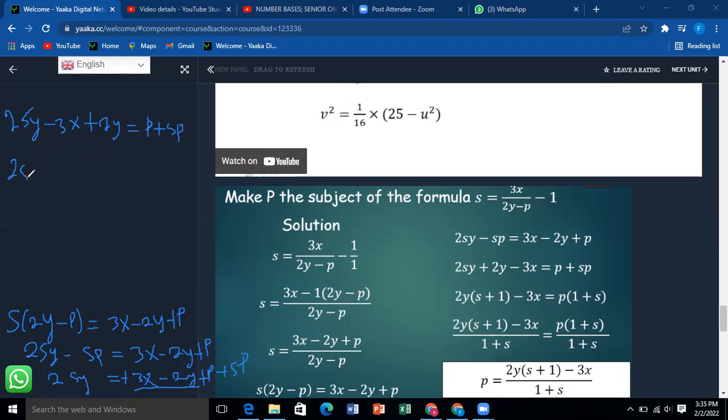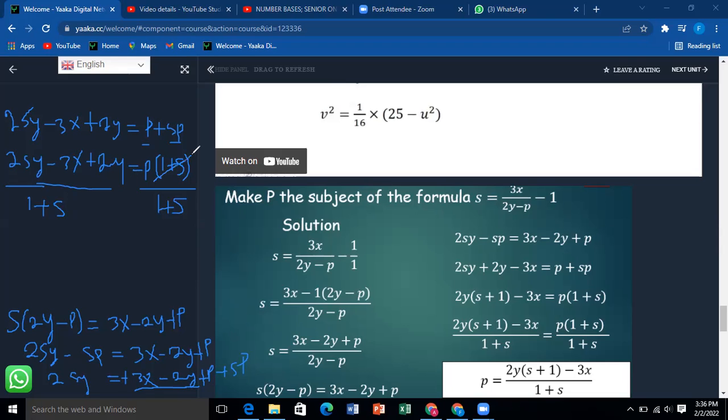So 2sy minus 3x plus 2y is equal to, so we can see the p is common here. We can have it outside brackets, and then we remain with 1 plus s. After here, we divide by 1 plus s because our aim is to remain with the p, and then here as well, 1 plus s.